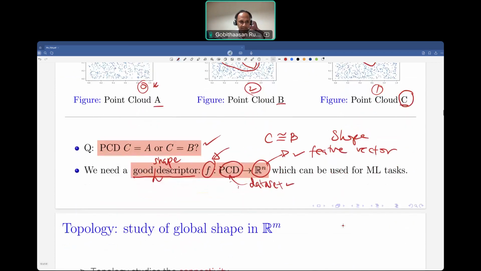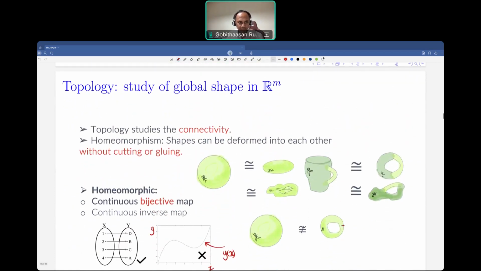All right. Next, the study of topology. Let's go a little bit into topology, to understand how we can quantify shapes. Basically, the study of topology is all about connectivity, right? One keyword that's important when it comes to topology is homeomorphism.